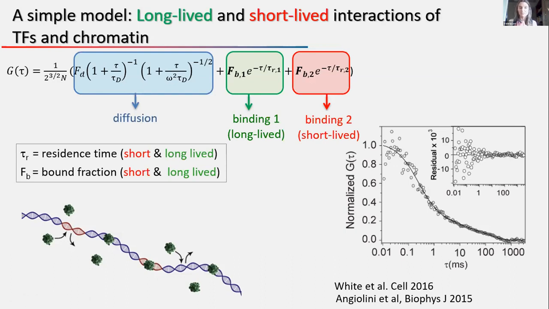The first one is the residence time, which is the time the molecule, the transcription factor, stays bound to a given target site. And the second is the bound fraction, which is the relative number of transcription factors that are attached to either the short or the long-lived sites.